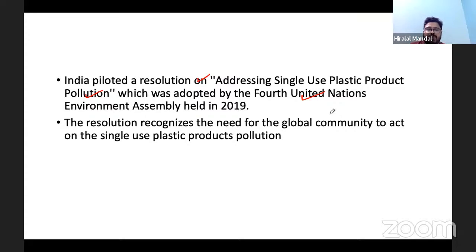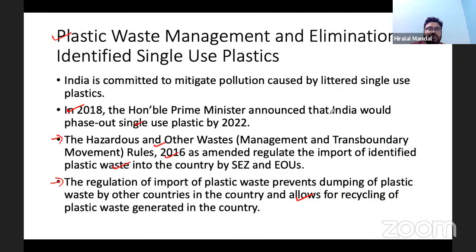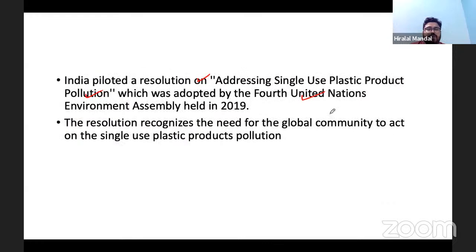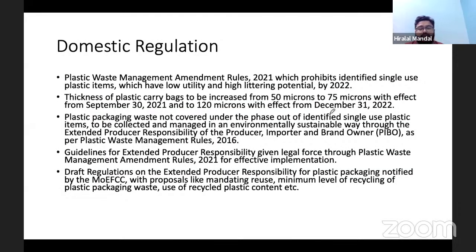With respect to reducing single-use plastic pollution, the government has made efforts. Hazardous and other waste rules have been amended. At the same time, some domestic regulations have been adopted: the Plastic Waste Management Amendment Rules 2021.